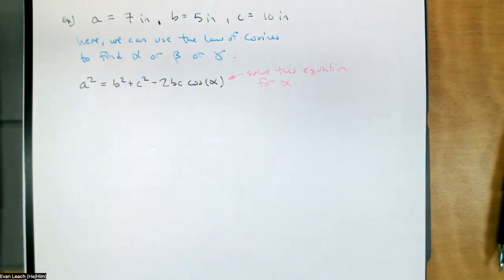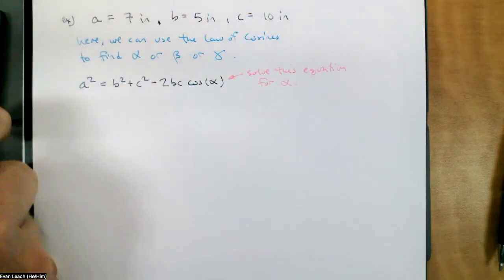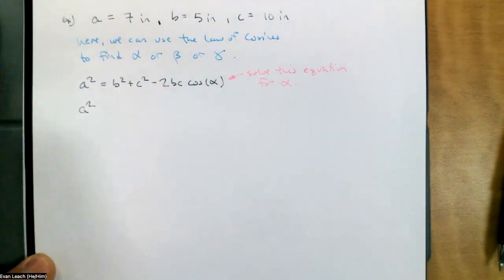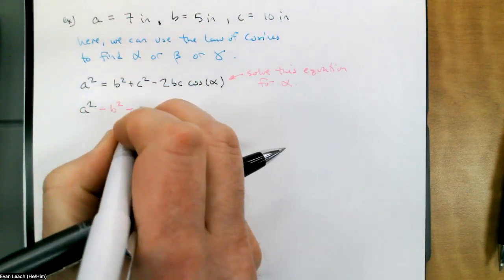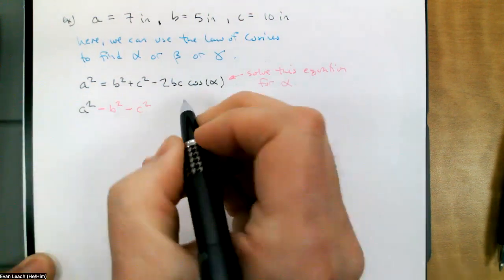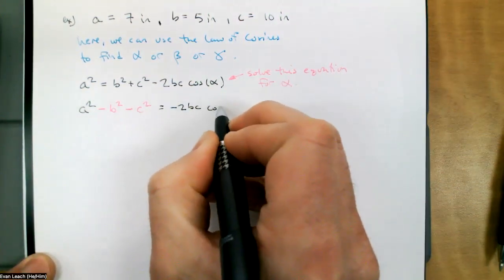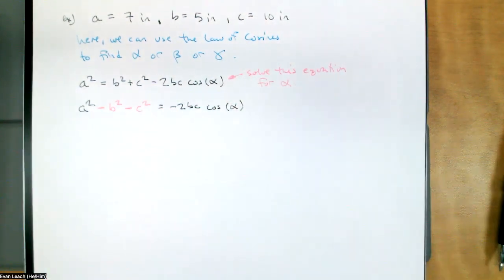We're going to solve this equation for alpha. So that means get rid of any terms that don't have alpha in them. So I'll subtract b squared and I'll subtract c squared from both sides of the equation.